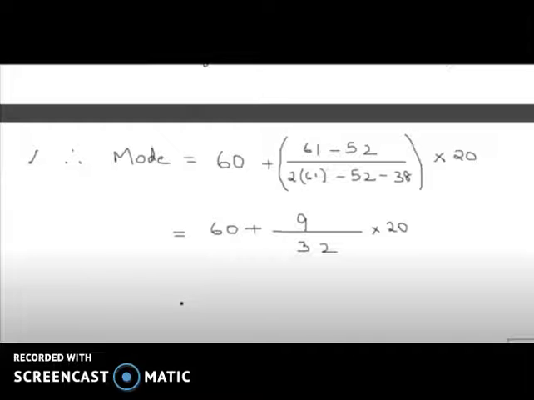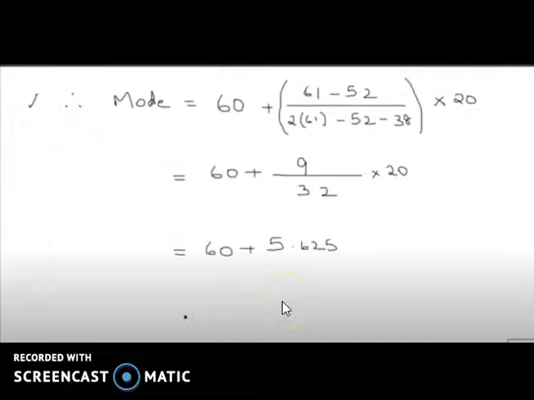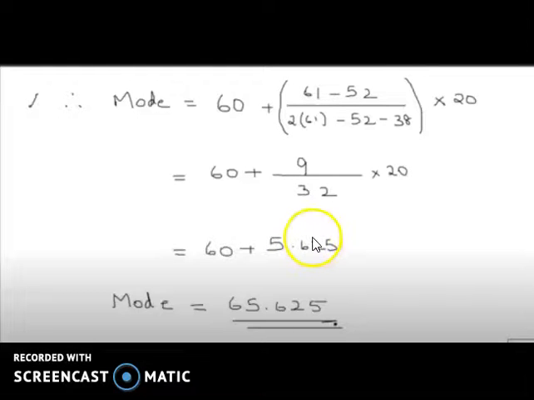After solving, dividing these and multiplying by 20, you will get 5.625. Then adding 60 plus 5.625, you will get mode equal to 65.625. This is the answer.